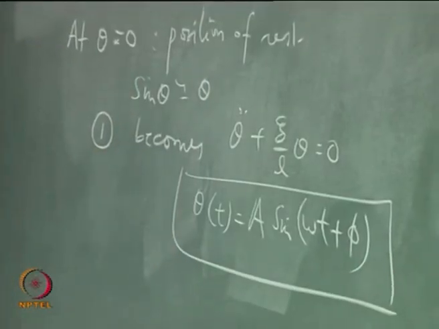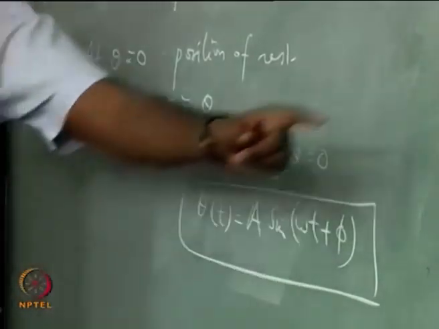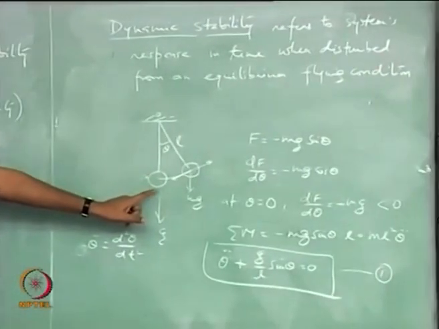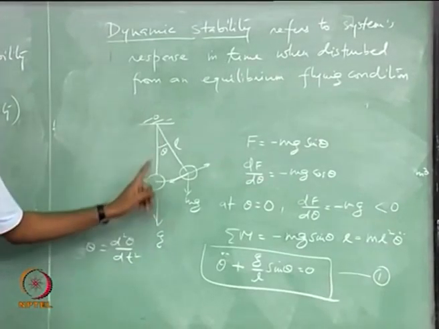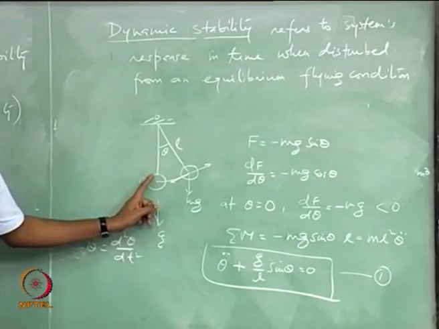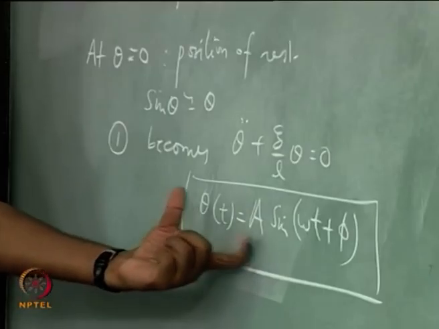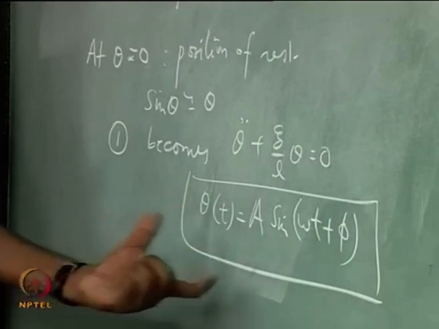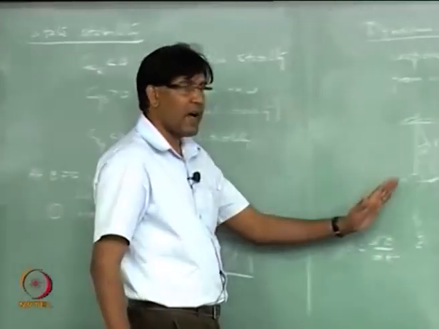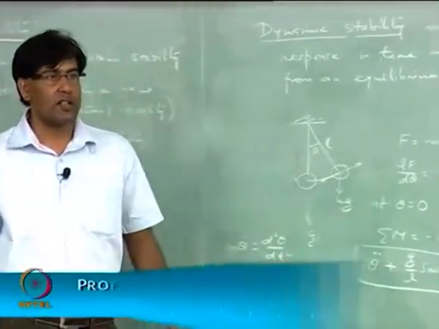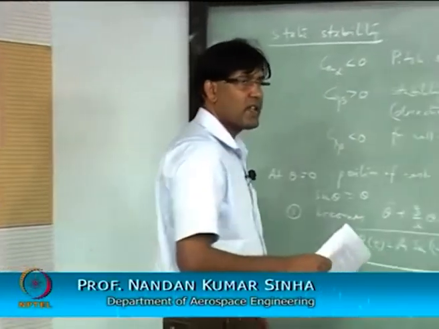right, and what is it telling you? It is telling you that when you hit this ball or the bob from its position of rest, which is at theta equal to 0, this is how theta is going to be in time, which means theta is always going back and forth around this theta equal to 0 position, right.